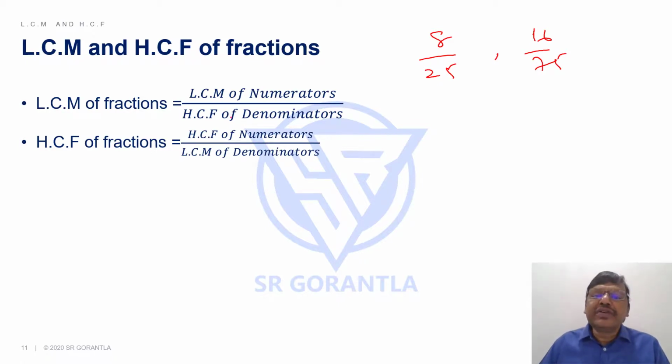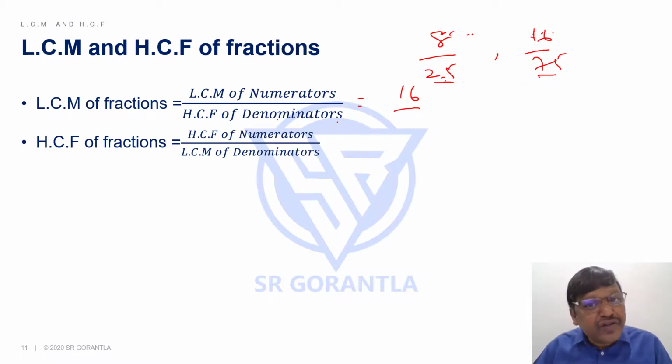What should I do? I should take the LCM of numerators. 8 and 16, what is the LCM? You know how to find the LCM of 8 and 16, it will be 16. HCF of denominators, 25 and 75, what is the common factor? 25 will be the common factor for both of them, yes or no? Hence my LCM will be 16 by 25.